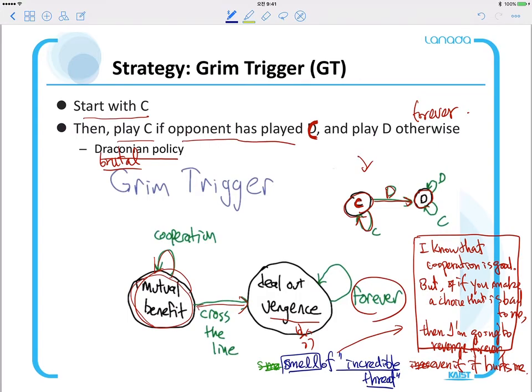Do you remember the incredible threat in the extensive form game? I'm going to retaliate against you irrespective of what's happening to my payoff. Well, that's not rational. The rational player will do something like, okay, I'm going to revenge you, but I still want to consider my payoff. That's how the rational player behaves, right?